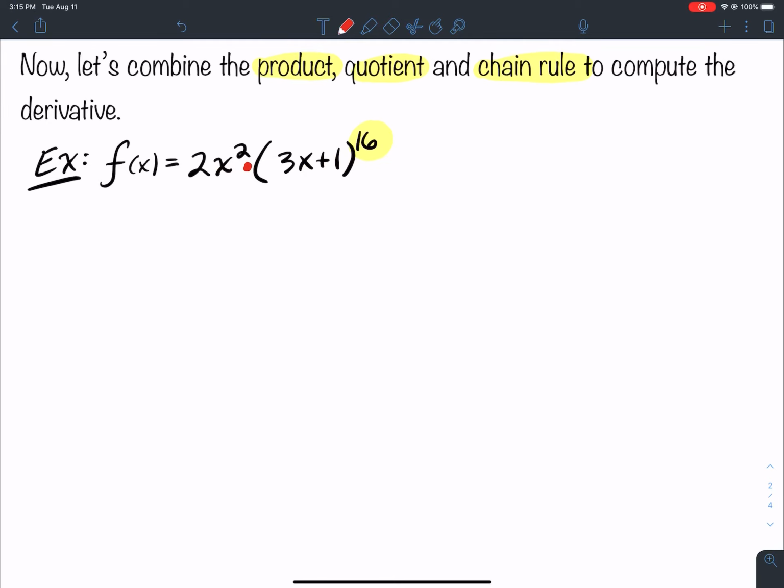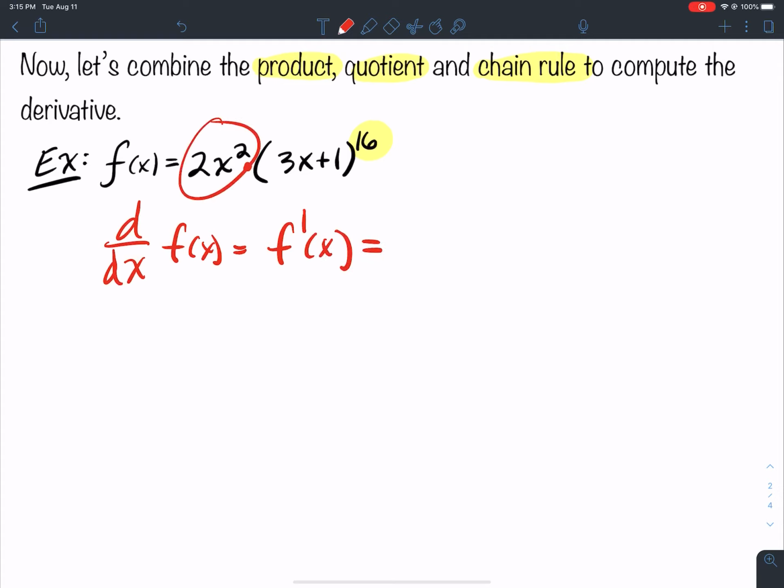All right, so what is the biggest outside part? Well, let's read from left to right. Okay, so when we do that, I see I have the derivative of f of x. This is equal to f prime of x, which is what?